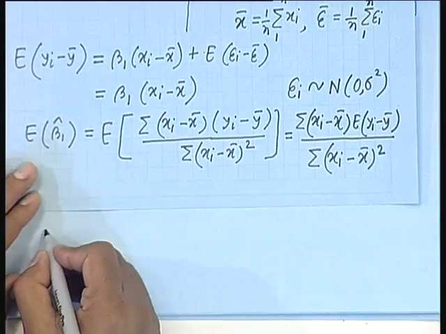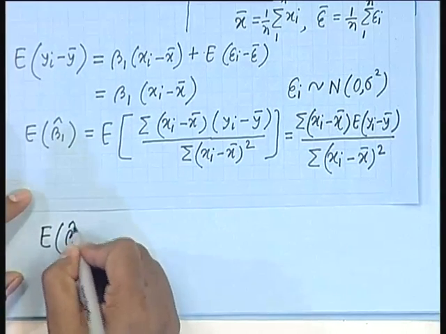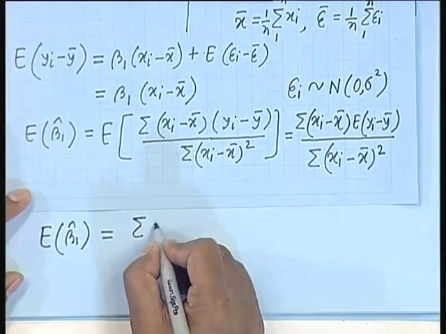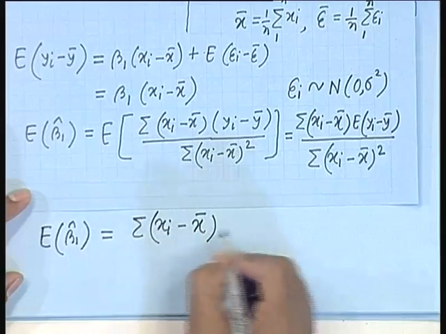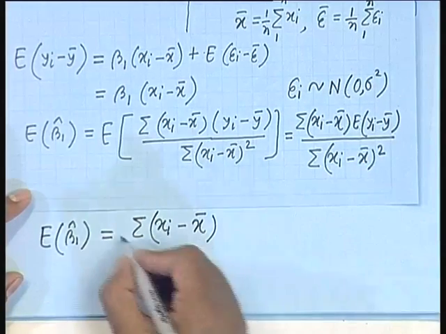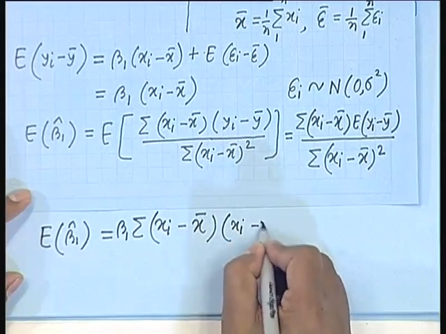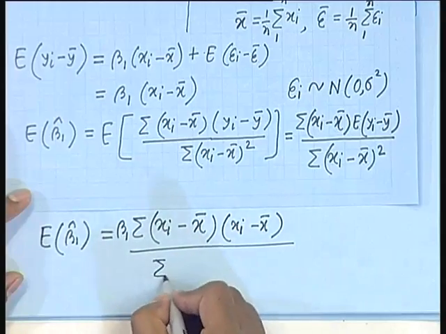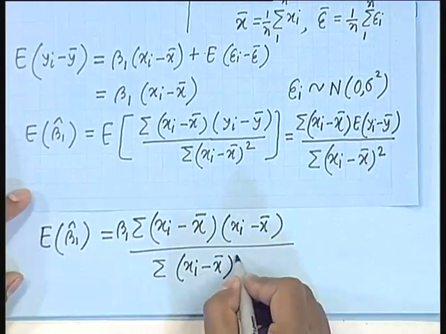So, expectation of beta 1 hat is equal to summation xi minus x bar times beta 1 xi minus x bar by summation xi minus x bar whole square.